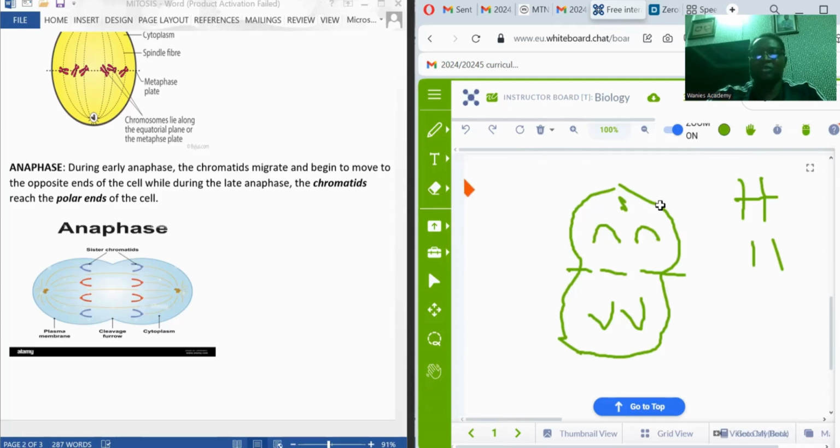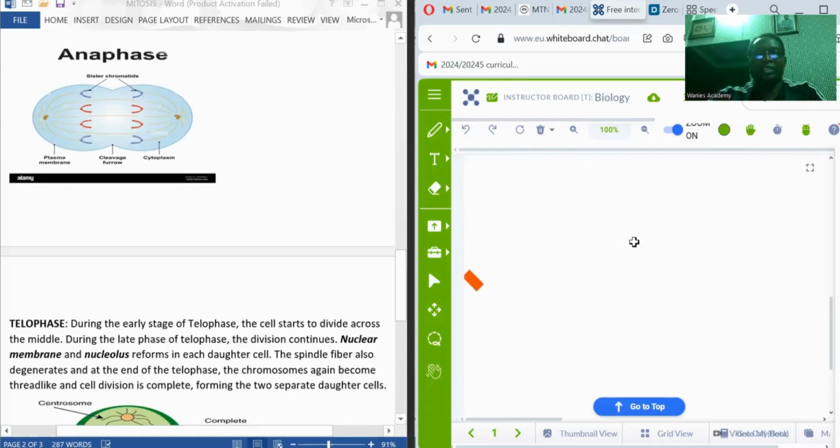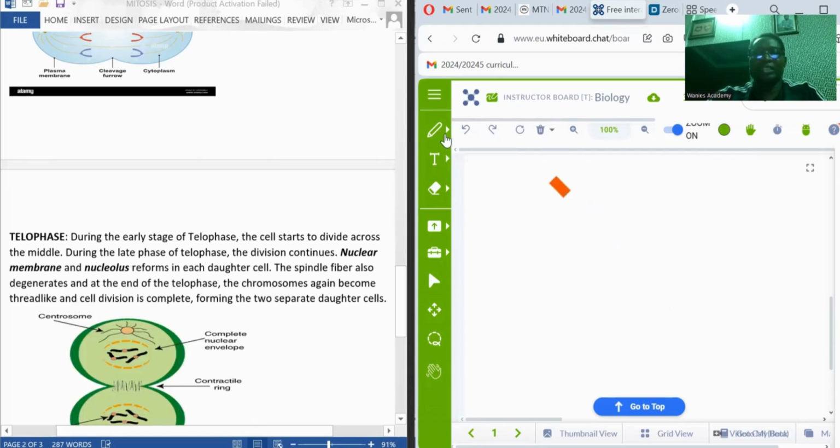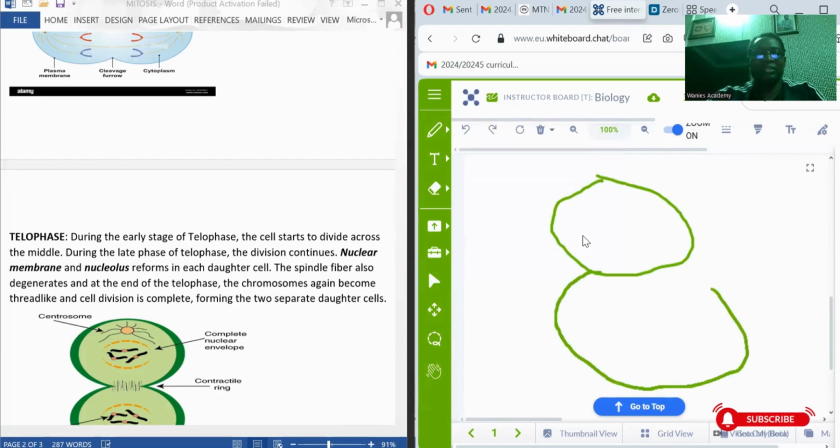From the anaphase, we now move to the last stage of cell division, which is known as the telophase. Now, during the telophase, the cells have successfully reached their destination, and as they reach their destination, a nuclear membrane is formed to enclose the chromosomes.